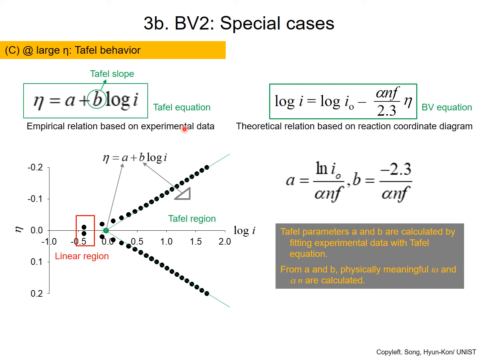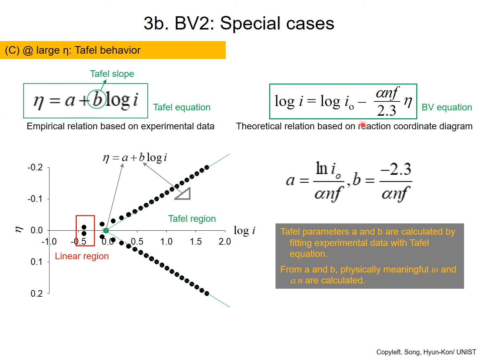The Butler-Volmer equation is the theoretical relation between current and potential based on the reaction coordinate diagram. Therefore, by comparing the Butler-Volmer equation at high overpotential and the Tafel equation, we could get the physical meaning of A and B.